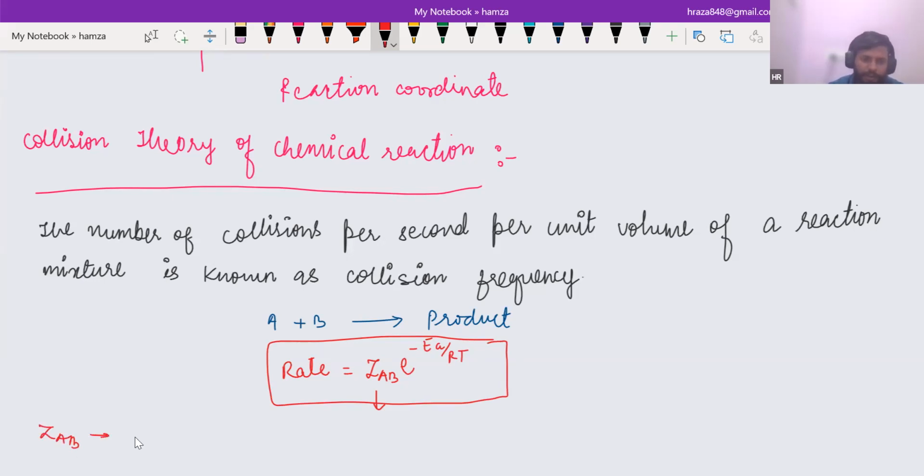ZAB means the collision frequency of reactants A and B.